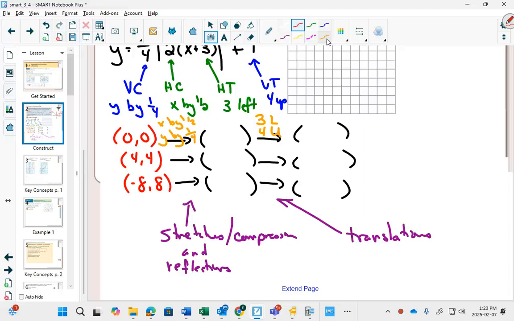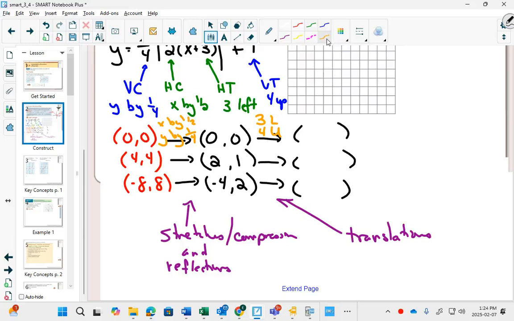And the mental math is actually quite easy, but it's also quite easy to stop paying attention and make a little mistake. Okay? So if I have to multiply x by half, well, 0 will be 0. 4 times by half is 2. Negative 8 times by half is going to be negative 4. Multiplying y by a quarter, well, 0 will still be 0. 4 will be 1. 8 multiplied by a quarter is 2.